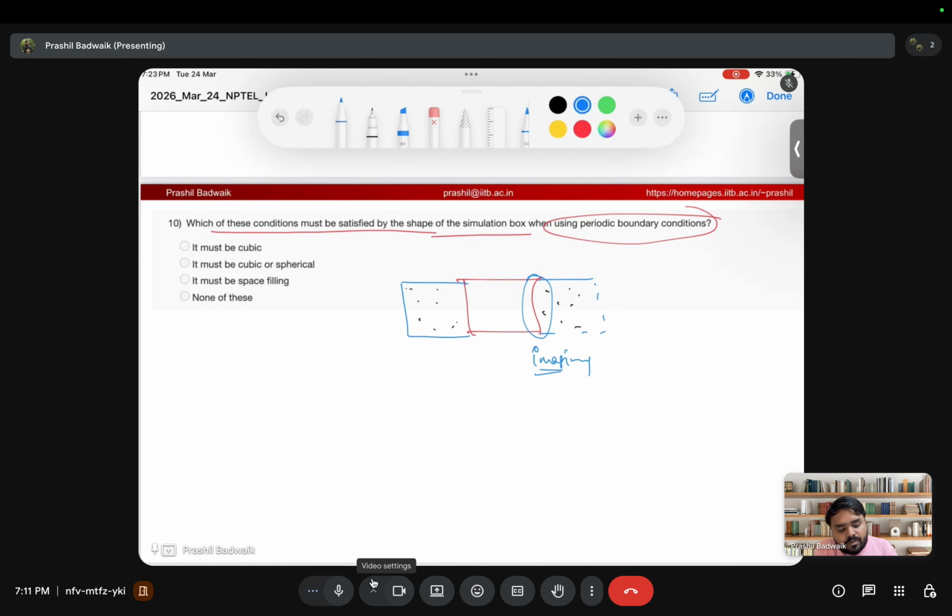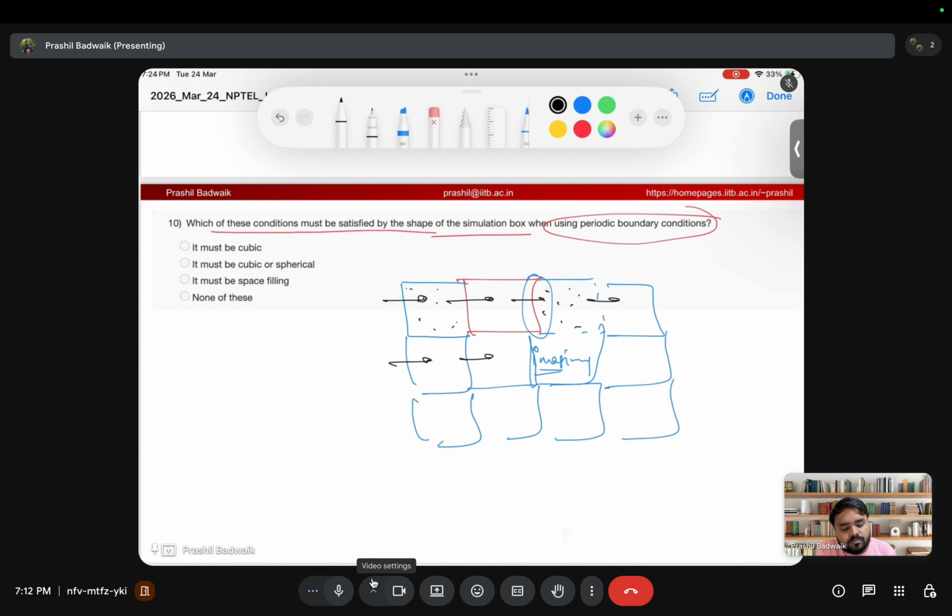So what we are doing here is assuming the same thing is happening in each and every state. If the particle moves from this location to this location, everywhere it will move. If it crosses two boxes here and reaches here, every particle will cross two boxes, right?